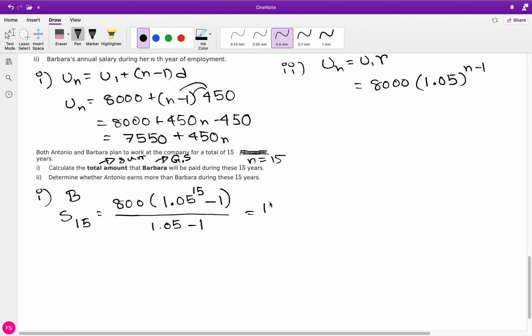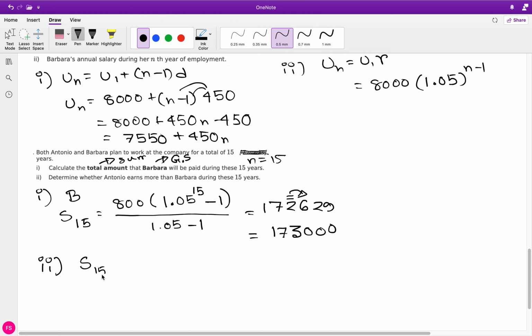I will get something around 172629, but you have to write it in 3 significant figures. So I'm just going to take the first 3 numbers, 172, and I'm going to change this because the number after it is greater than 5. This is going to be 173, but then again, for these digits, you need to use zeros because this is not equal to 173 only. So that's for Barbara.